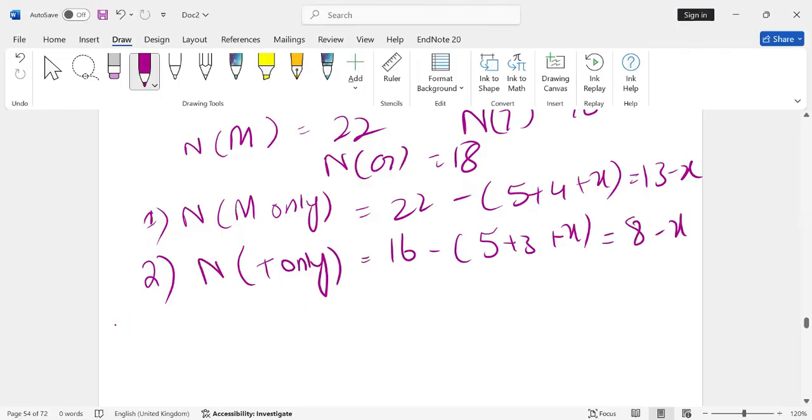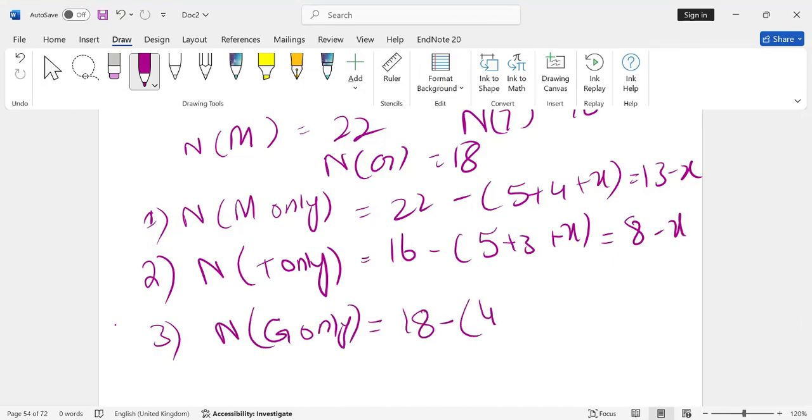And for the third, n of geography only, we have 18 minus (4 plus 3 plus x), which equals 11 minus x. So the total implies 40. So we have to make the Venn diagram on this. How do we draw this?